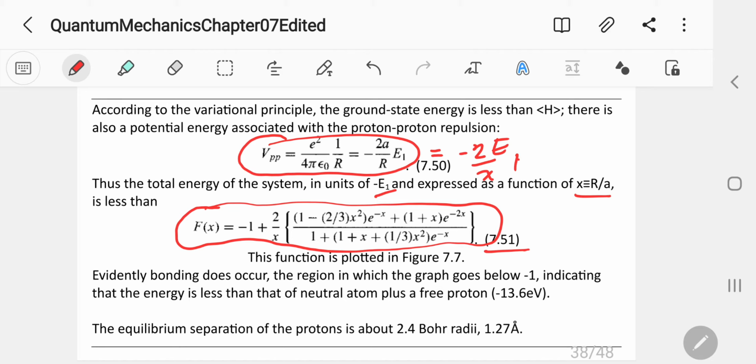Evidently, bonding between a hydrogen atom and a proton occurs in the region where the graph is below -1. This indicates that the energy is less than that of a neutral atom plus a free proton. We can actually get the equilibrium separation of the proton to be about 2.4 Bohr radii, or 1.27 angstrom.